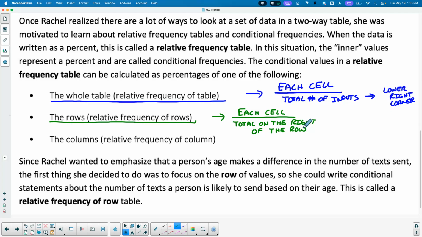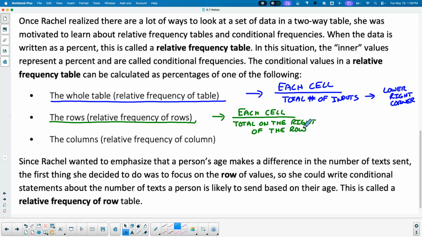Okay? So that would be that right-hand column. So you divide each cell in that particular row by that end number. Okay? So you would be dividing by 3 different numbers each time. Okay?